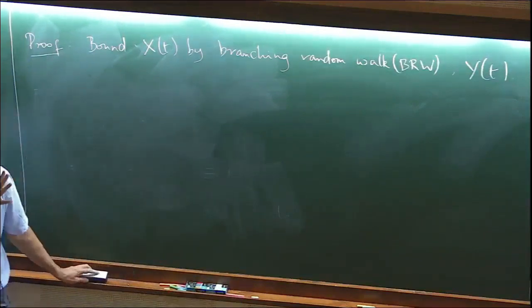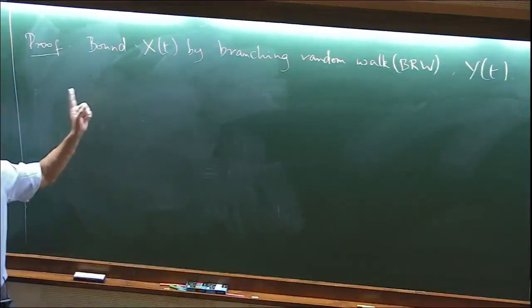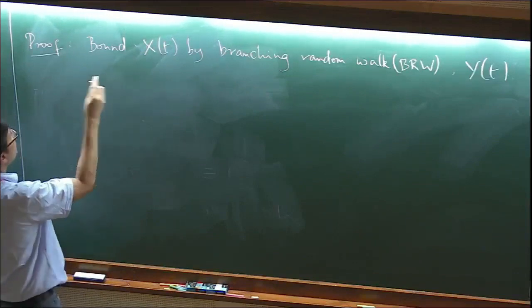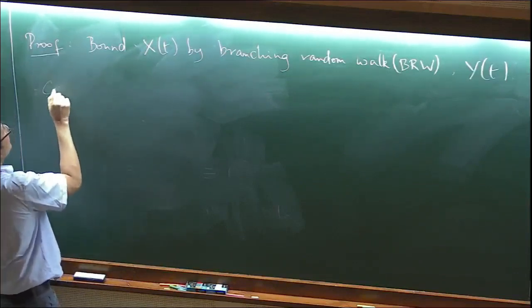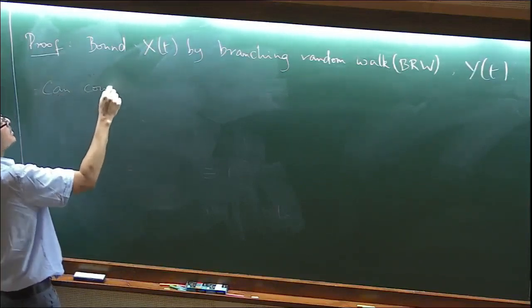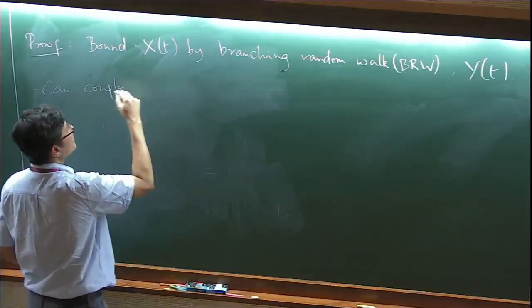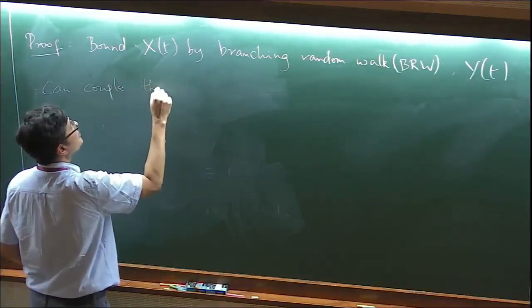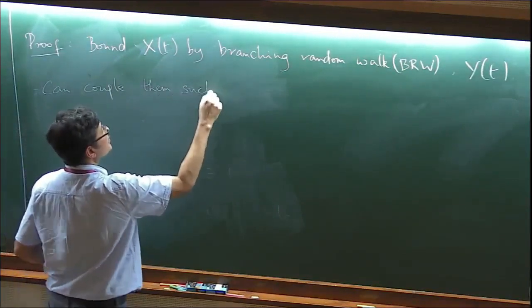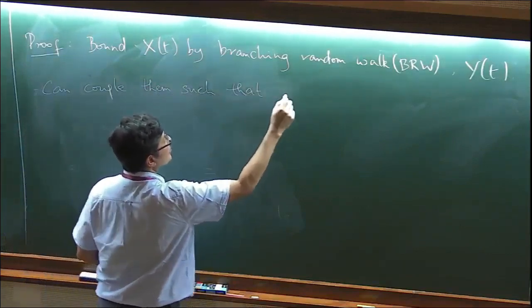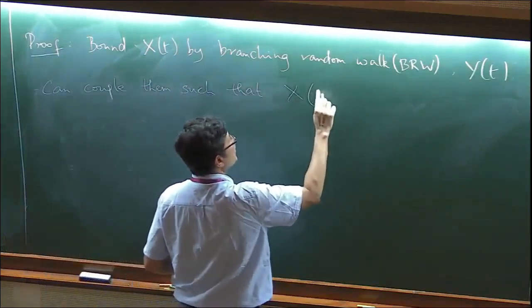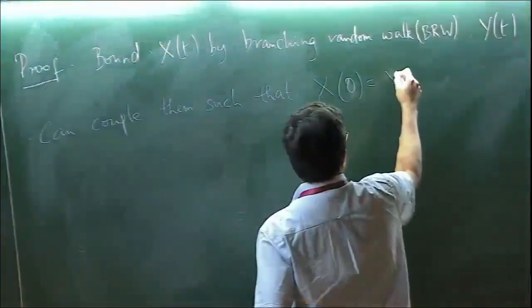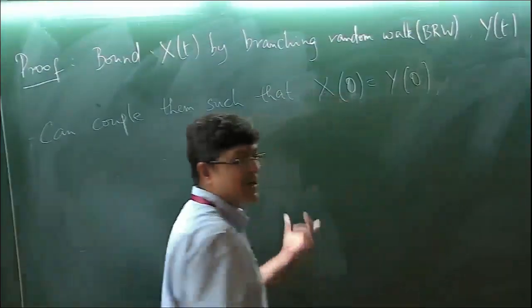Okay, so having loosely described this, I hope you'll believe me when I claim that we can couple the constructions of these. Okay, so let's start them in the same initial condition.